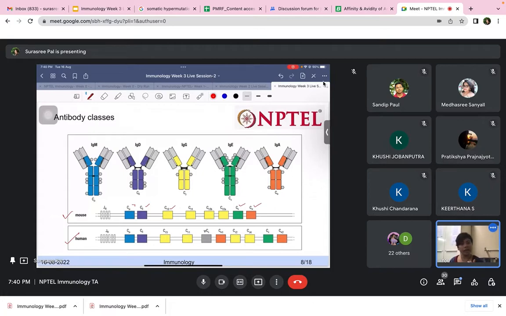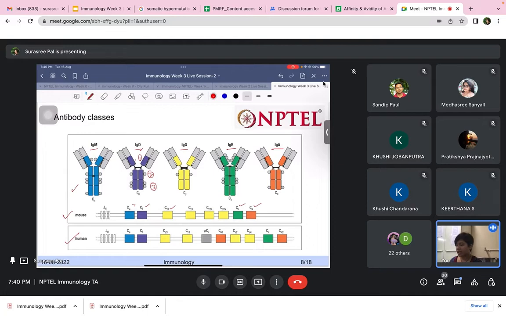What are the 5 classes of antibodies? IgM, IgD, IgG, IgE and IgA. And this is how the structure looks, and you will find that there are several differences between them. So IgD and IgM, you can see that in case of IgD there are 3 constant regions, right? 1, 2, 3.